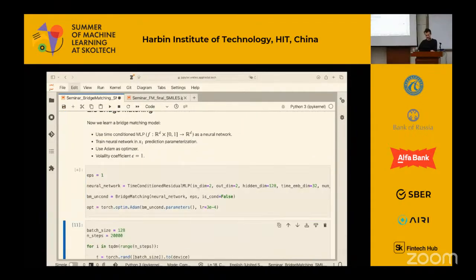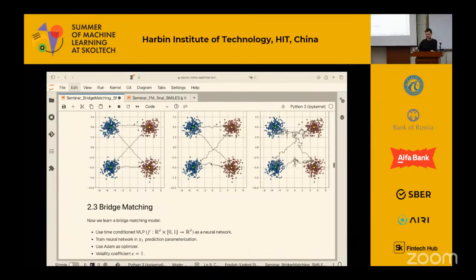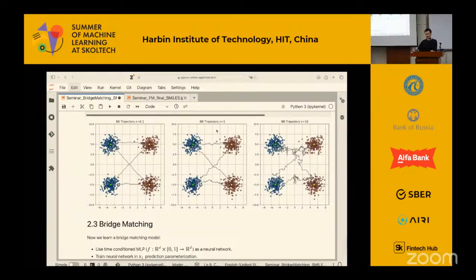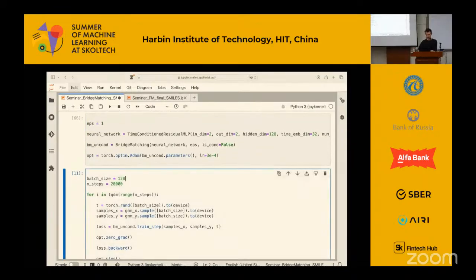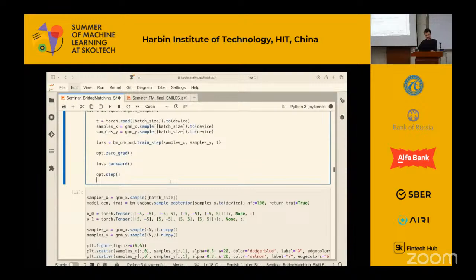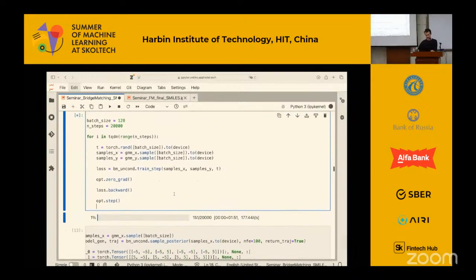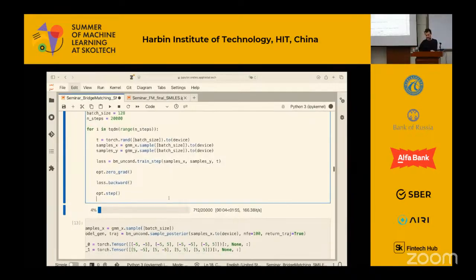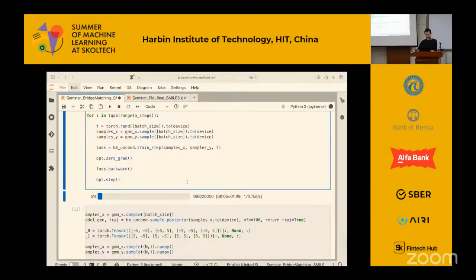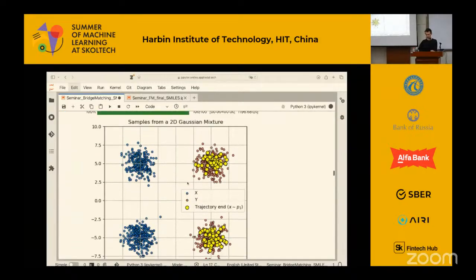So let's pick the middle volatility coefficient of 1 and try to learn bridge matching on this type of problem with it. Okay, it takes a lot of time, so I will just show you the result.